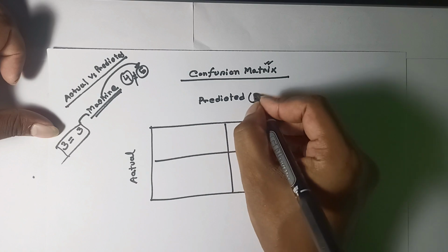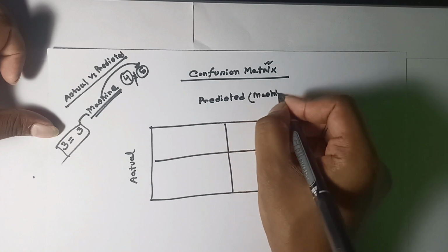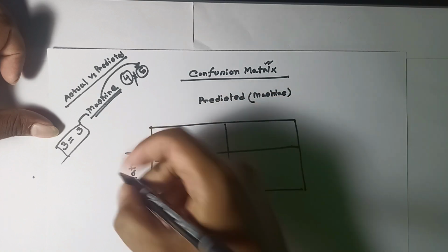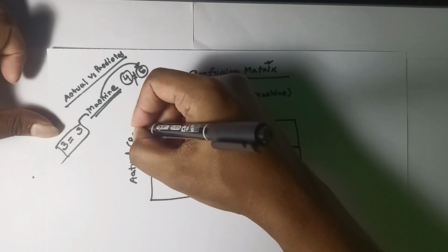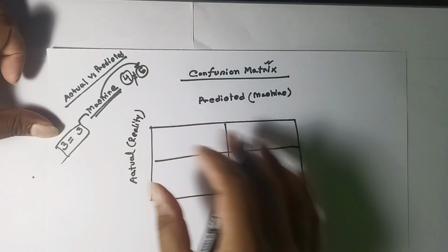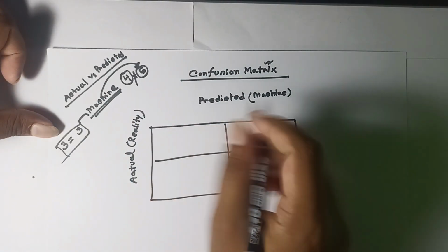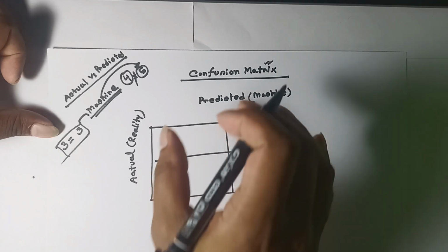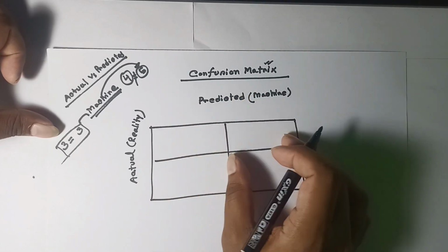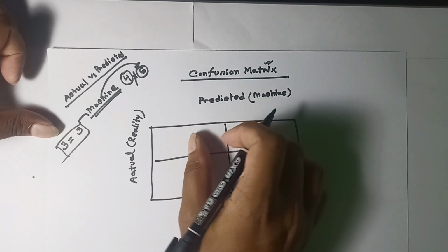You can consider predicted as a machine that will predict things, actual as a reality, and then we will have our cases. In confusion matrix, we basically deal with binary cases.